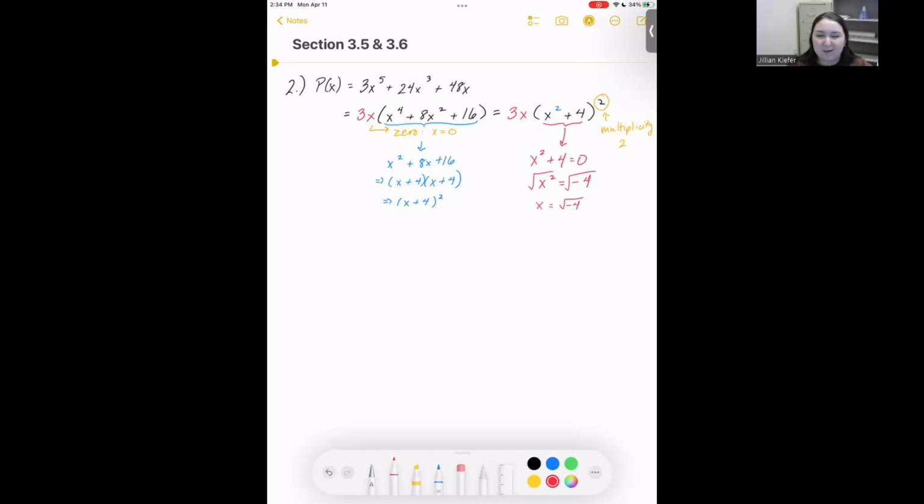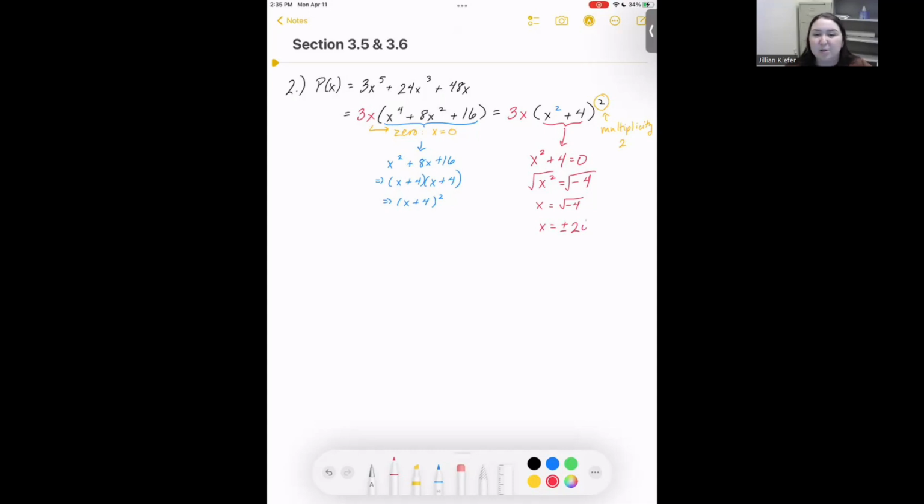And here we go. Here's our imaginary numbers coming in, because we see that we're now taking a square root of a negative number. If we were to take the square root of +4, we would end up getting plus or minus 2. But since 4 is negative, we add an i to our answer.